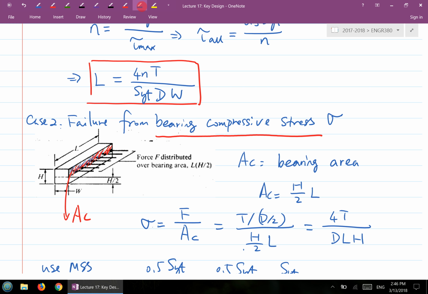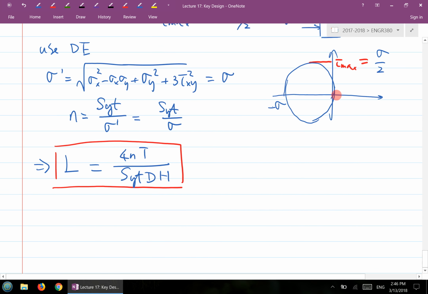These two formulas are very similar to each other. The only difference is here is W and here is H. So if you choose a square key, these two formulas are the same thing.